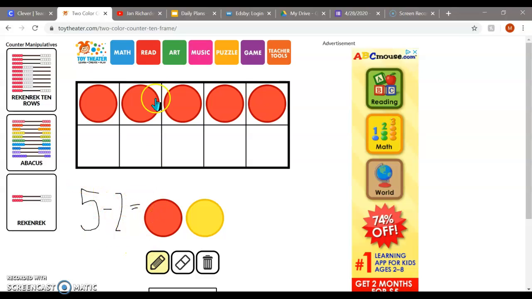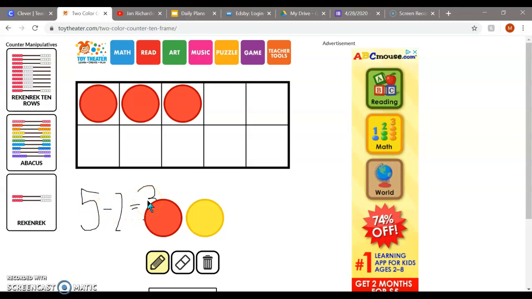Okay, so 5 minus 2 is the problem that we're solving. So we have 5 counters for our first number. Now we're going to take away. In order to take them away, you just pull them off, okay? So if we have 5, we need to take away 2. So let's take away 2. 1, 2. How many are left? 1, 2, 3. So our answer is 5 minus 2 is 3.